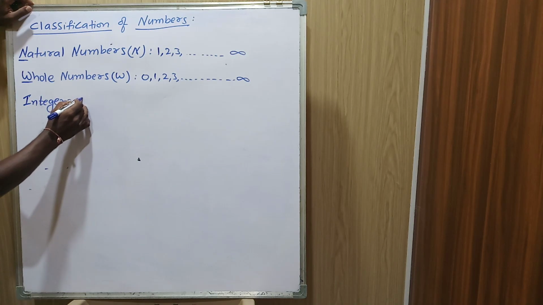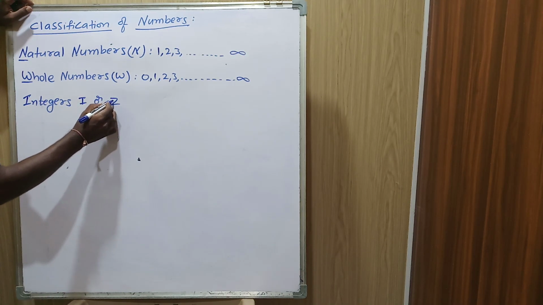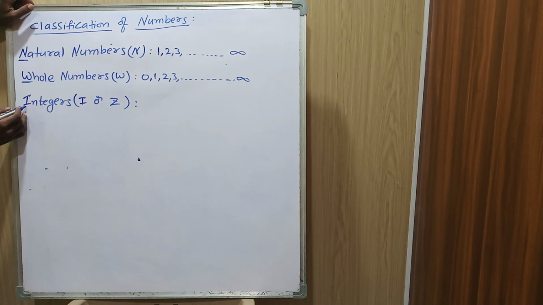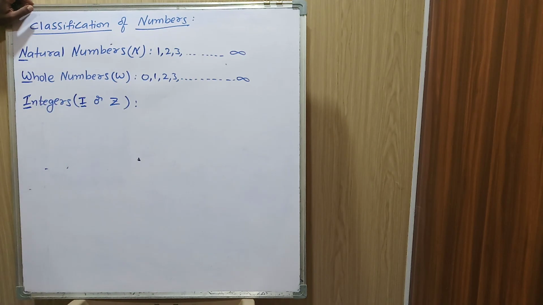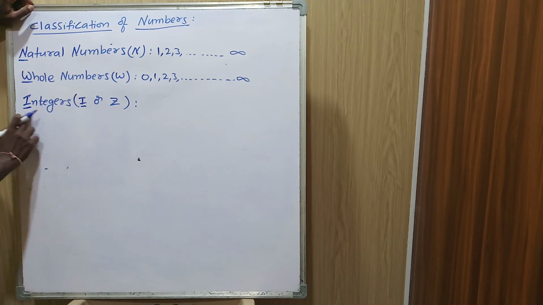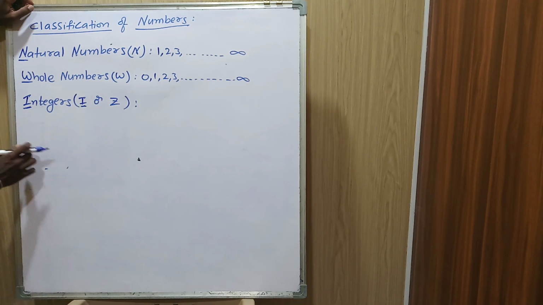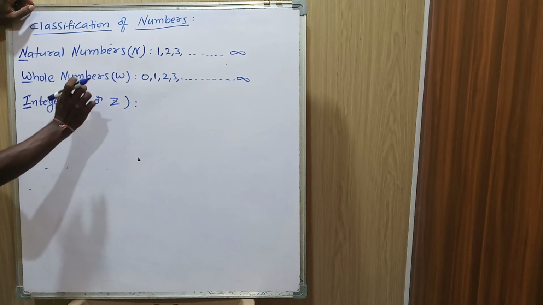Integers are denoted by the letter I or Z. When you write integers, the starting letter is I. So that's why integers are denoted by the letter I. In Latin, integers are also known as Zahlen numbers. So when you write Zahlen numbers, the starting letter is Z. So that's why integers are also denoted by the letter Z. That means integers are denoted by I or Z.